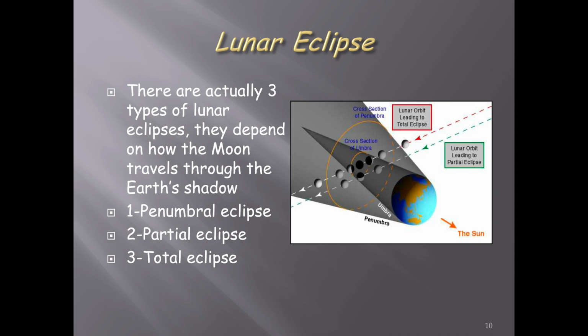And then you've got the umbra, that's going to be smaller word, smaller area, dark out. All the direct light is blocked out. And with that, you could have all the way through penumbra, all the way through umbra, or a bit of both, giving us these three options of lunar eclipses to occur.